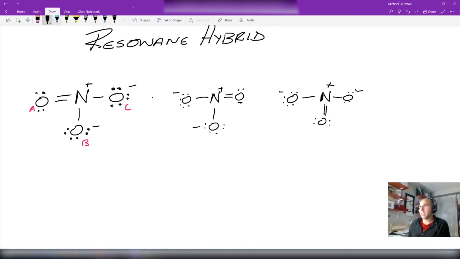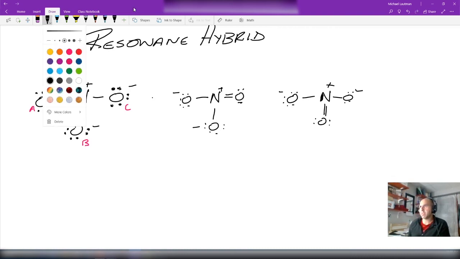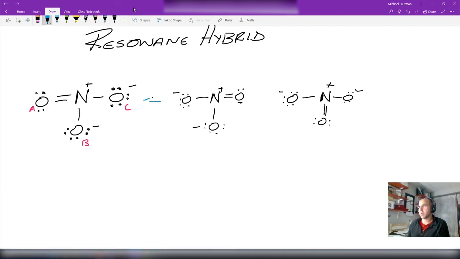And then I relate these to each other with a very specific type of arrow. I'm warning you guys now. Chemists are very particular about arrows. Okay? So this type of arrow, that's how you indicate that these structures are resonance contributors.